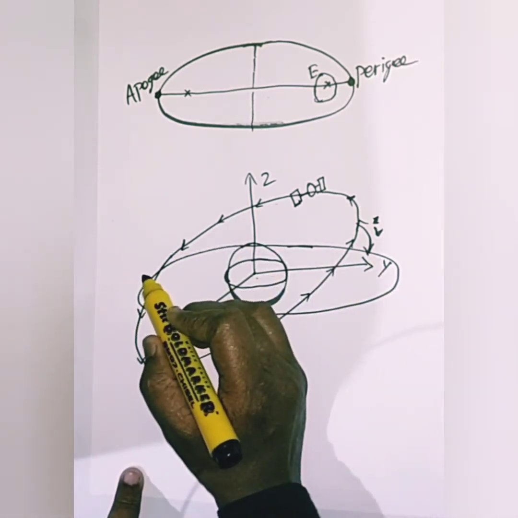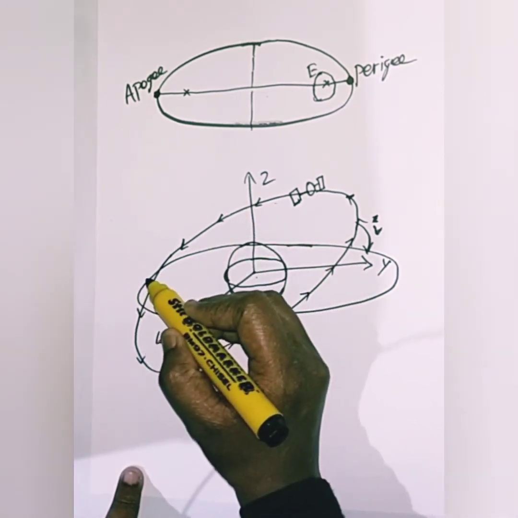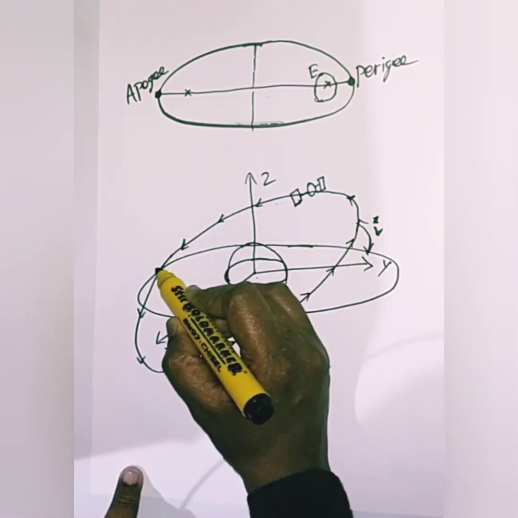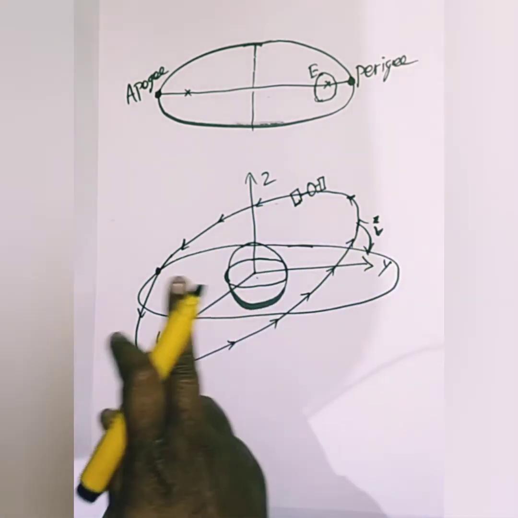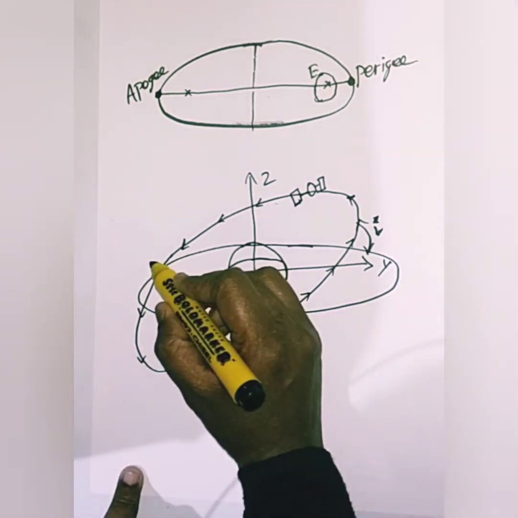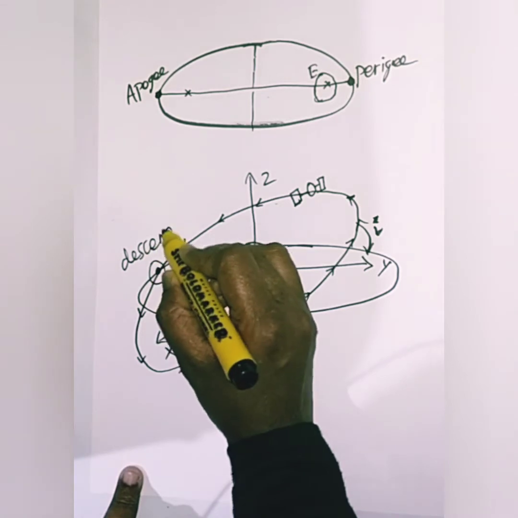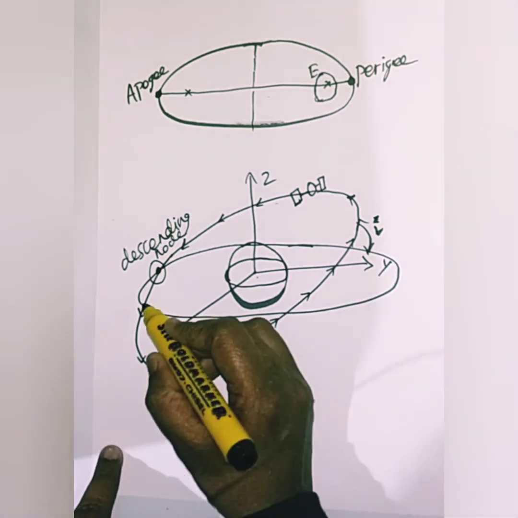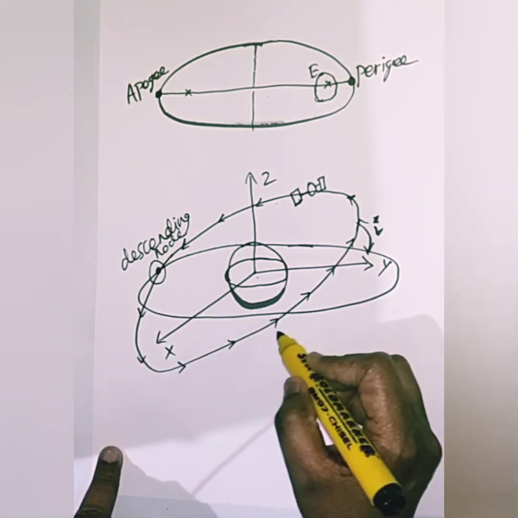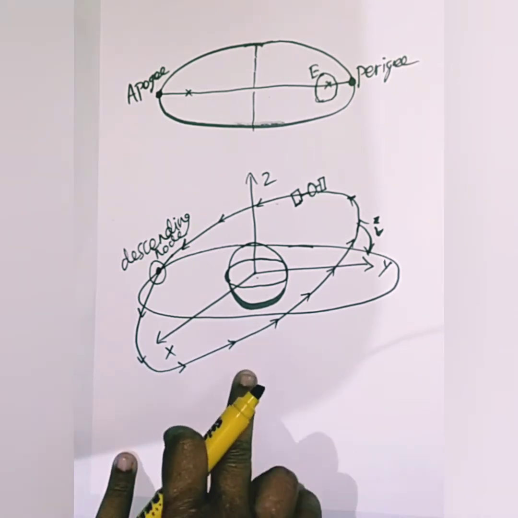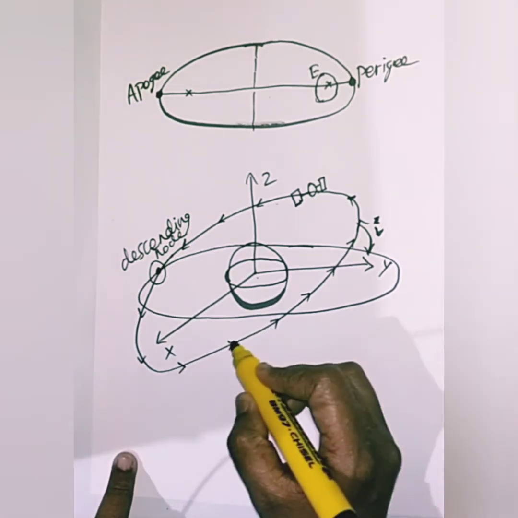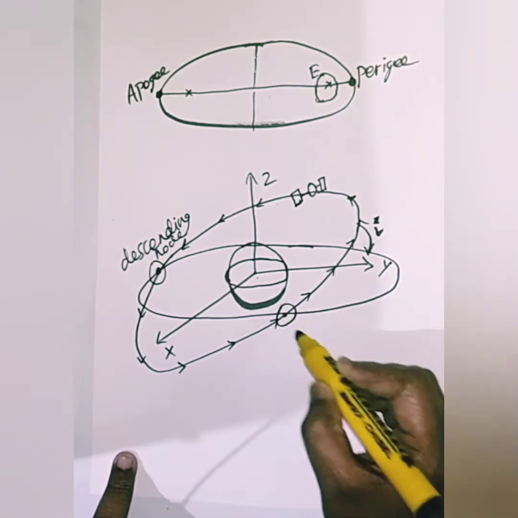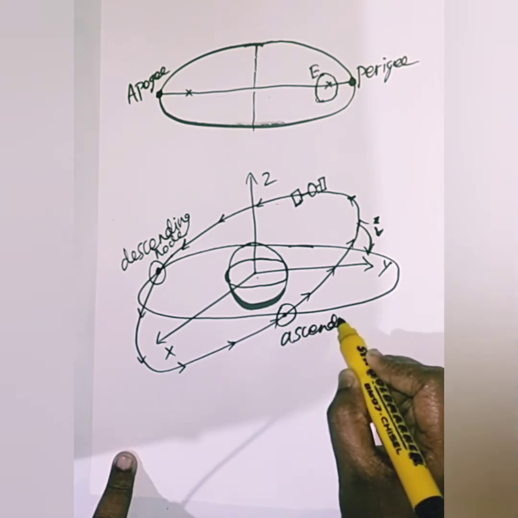The point where the satellite goes down and intersects the equatorial plane is called the descending node. Likewise, the satellite is moving upwards, so the point where the satellite goes up and intersects the equatorial plane is called the ascending node.